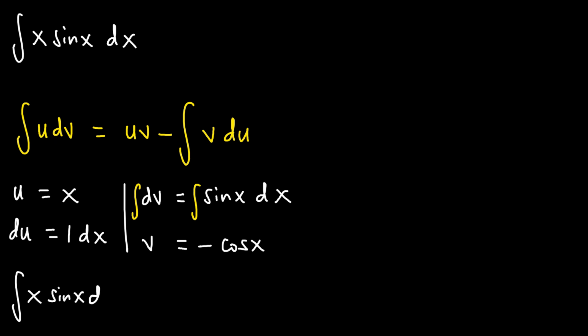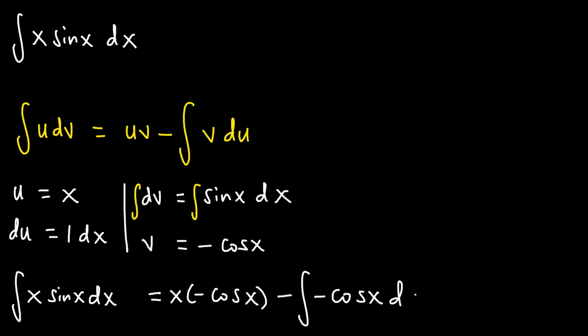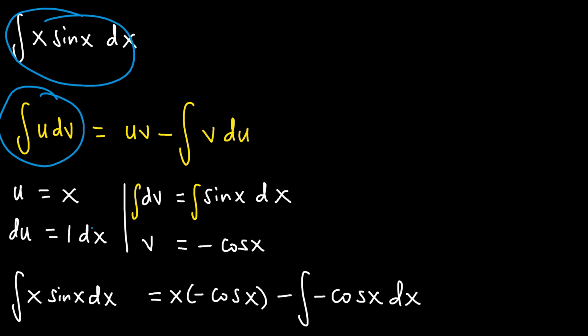Therefore, our integral will be the integral of u, which is x, times dv, which is sine x dx, equaling uv, which is x times negative cosine x, and then minus the integral of v, which is negative cosine x, and then times du, which is dx. So in simple terms, the integral of u dv is the same as this.